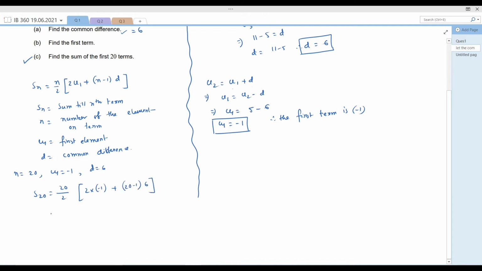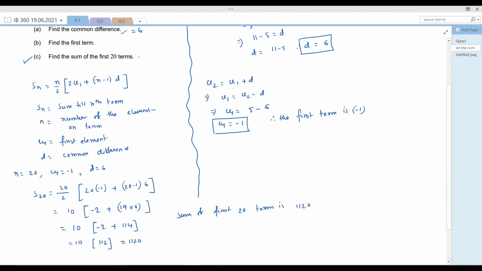So 10 into minus 2 plus 19 into 6. If you multiply this, it will be 114. So 10 into minus 2 plus 114. This value is 112. So equals 1120. So the sum of the first 20 terms is 1120.